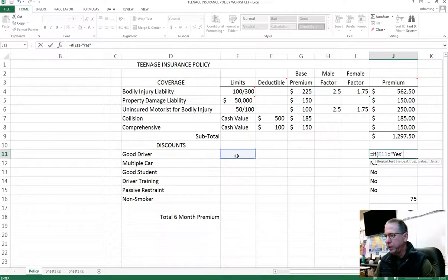So if that's true, then what we'll do is go ahead and put in, this is a good driver discount, minus 50. If it's not true, then what we want to do is have it simply reply with the word no.